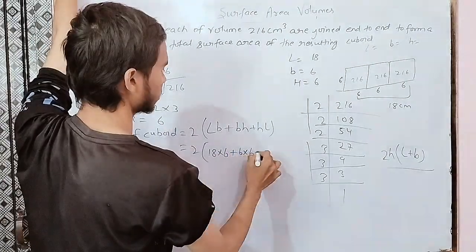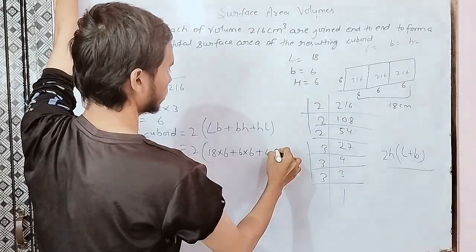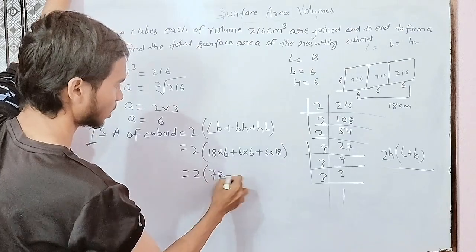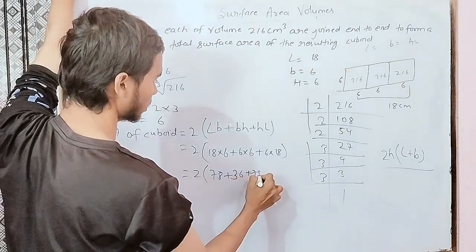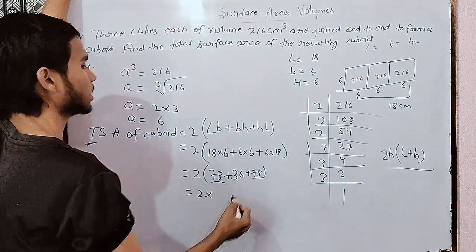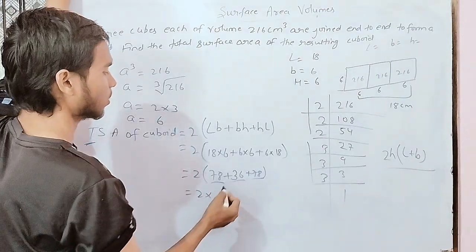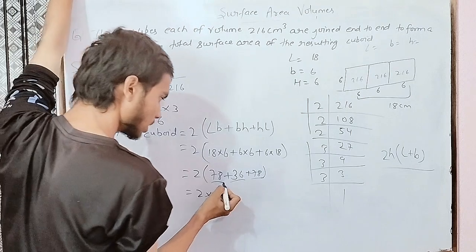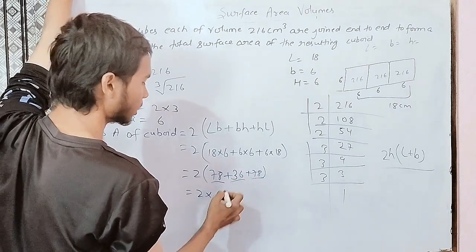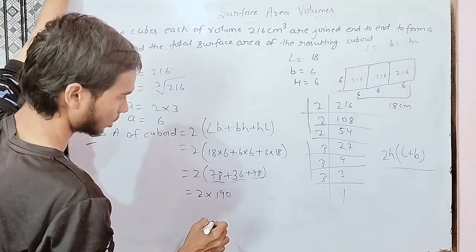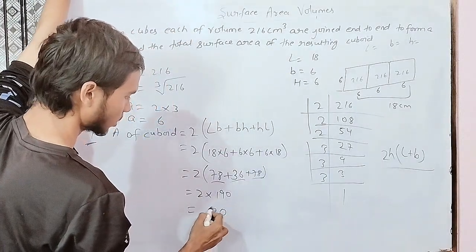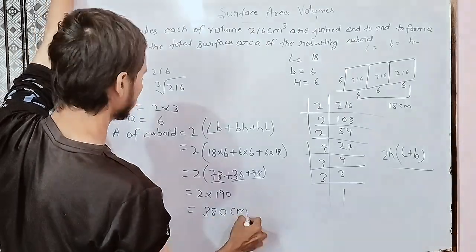So 6 multiplied by 6, 6 multiplied by 18, 78. 78 plus 36. 2 multiplied by that, and it comes to 380 centimeter.